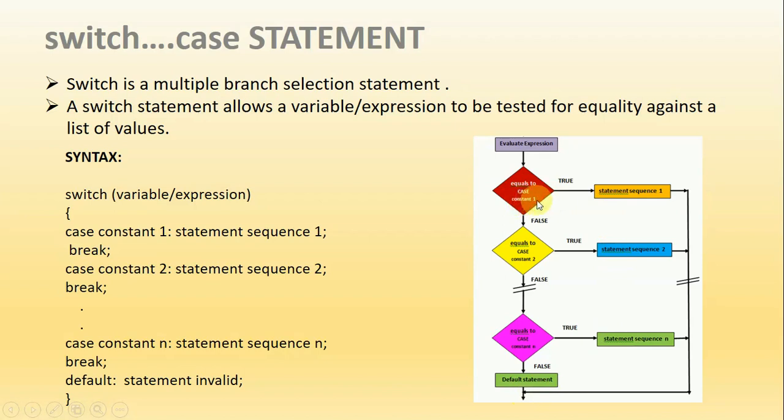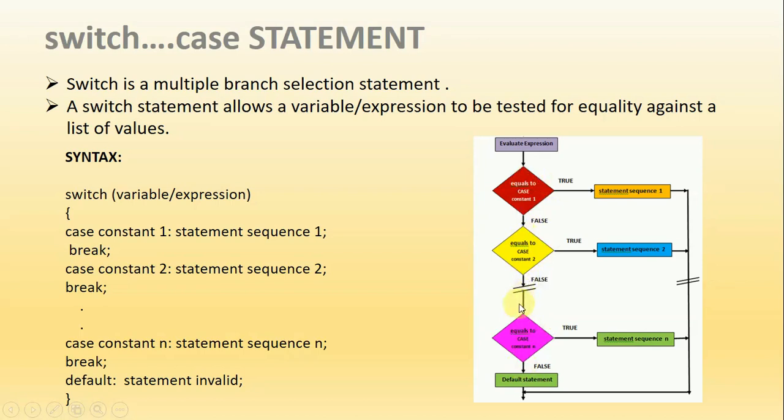If case constant 1 does not match, that is, it is false, it comes to case constant 2. If it matches, if it is true, then statement sequence 2 is executed, and our program control after executing statement sequence 2 will follow this path. You can see here. Similarly, all the case statements are evaluated, and whichever one is true, that particular case statement is executed.